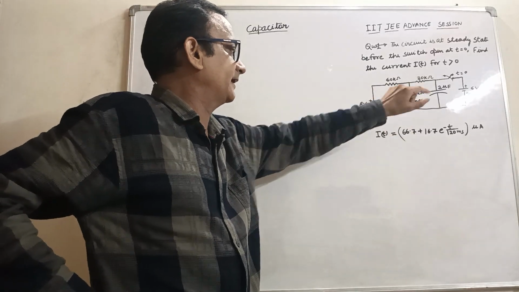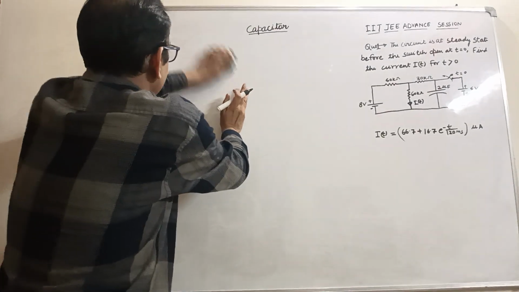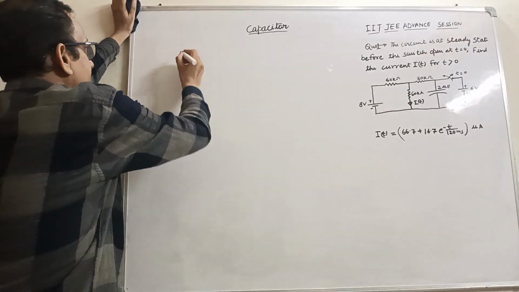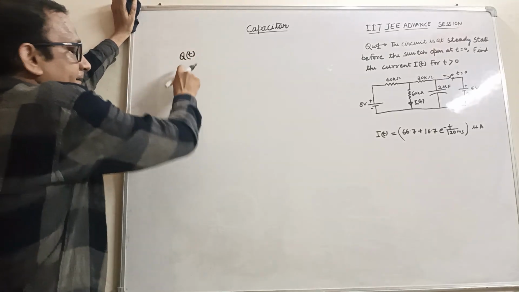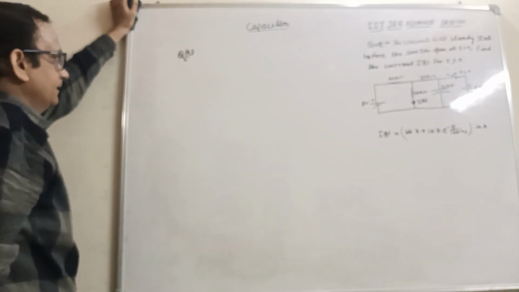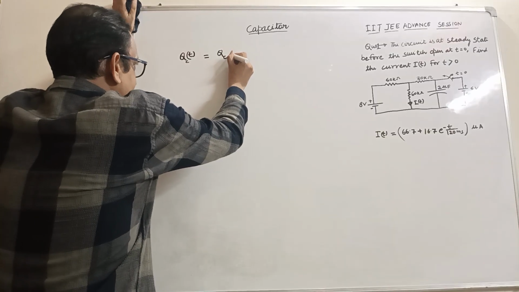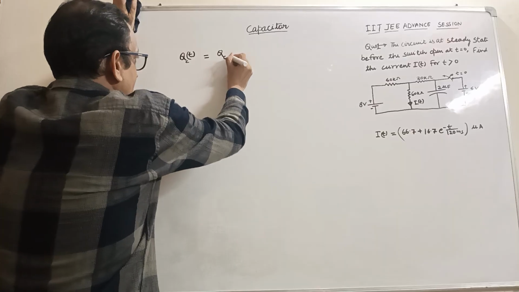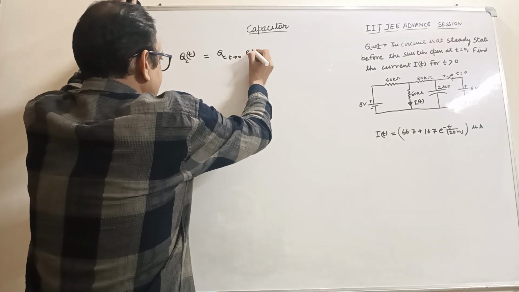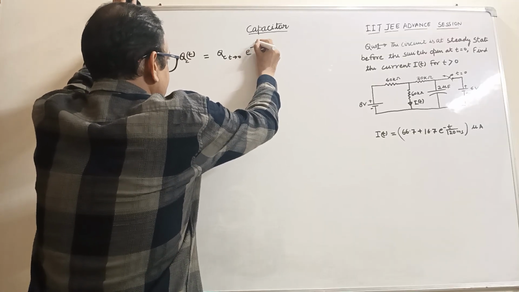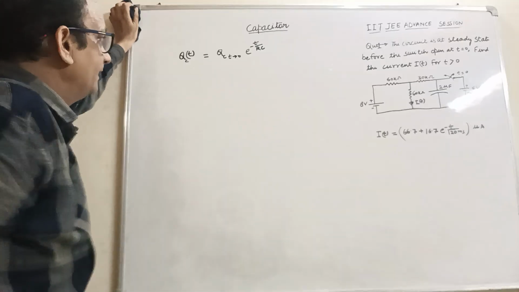So we can write here, for the charge on the capacitor at time t, the discharging term, 1 minus t by RC.